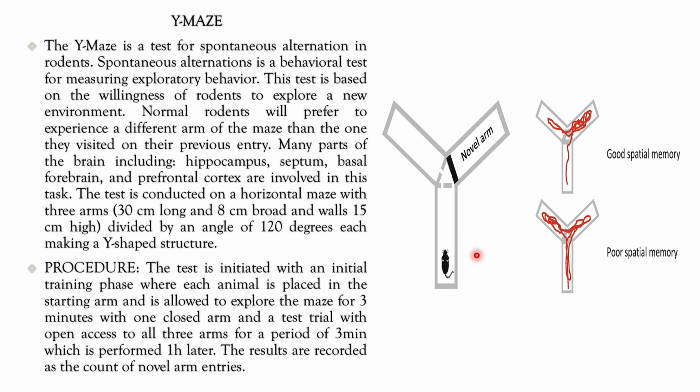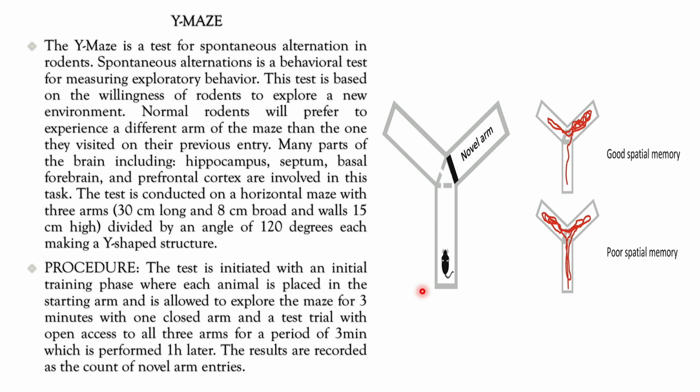In the second phase, when you keep the same rat here, you will block one arm and allow the animal to explore the 2 open arms. Since the normal behavior of animals is exploratory behavior, they explore the novel areas where they are placed.